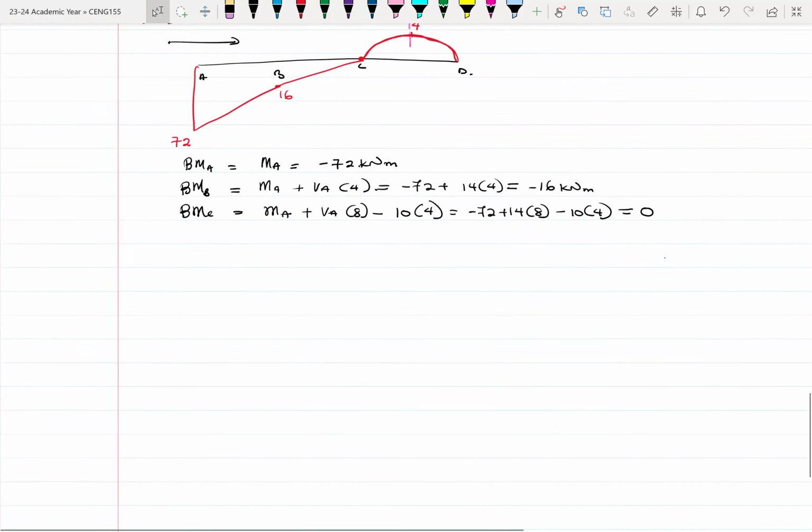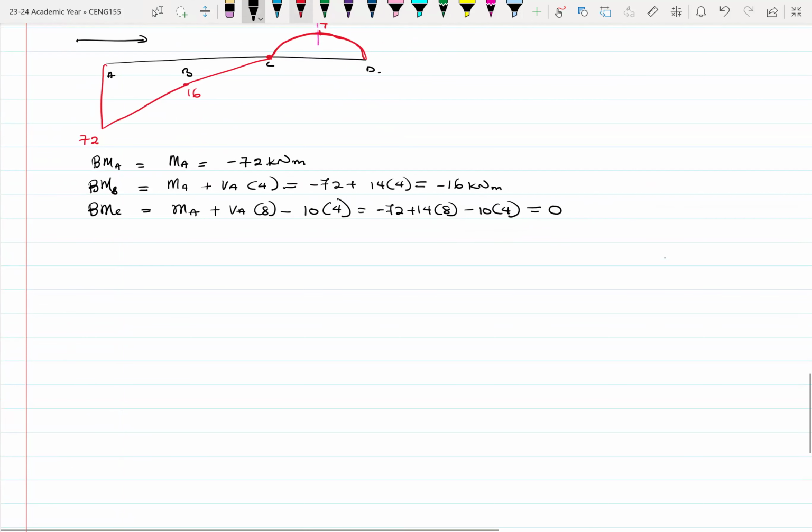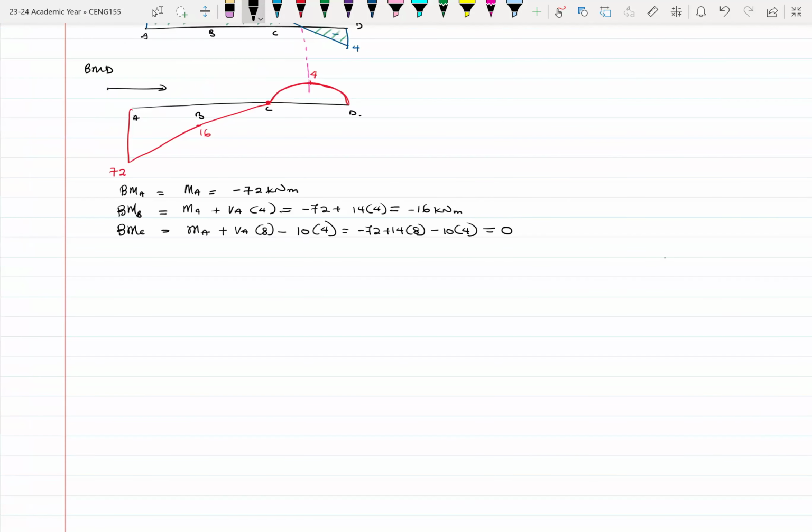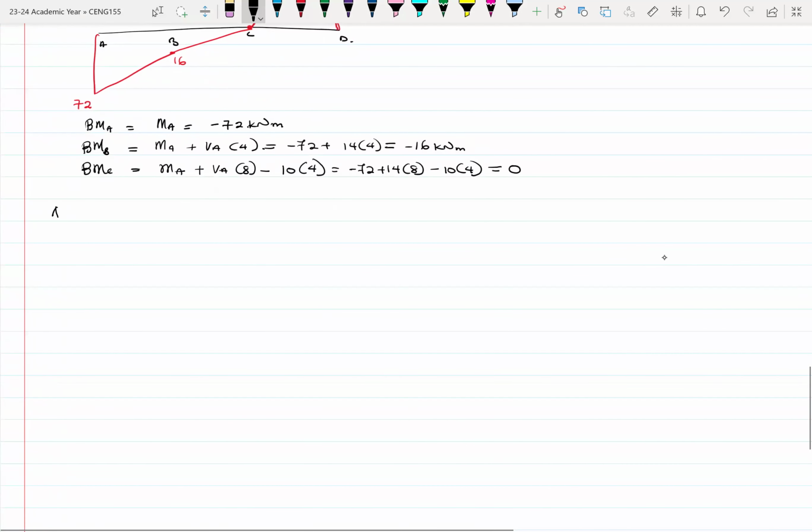Okay, so let me see if I can explain this again. We know that if you want to find the moment at B, you cut your section at B. So let's say I have this here, and here you cut your section at B. We want to find the bending moment at B. We have our MA, we have our VA.